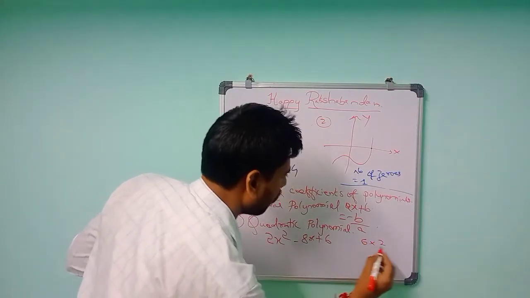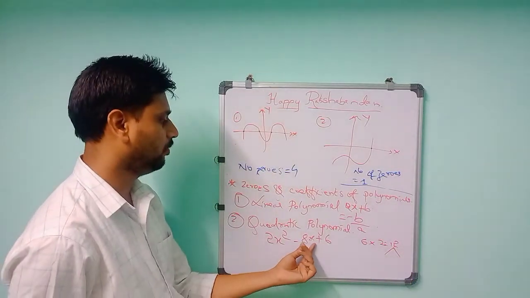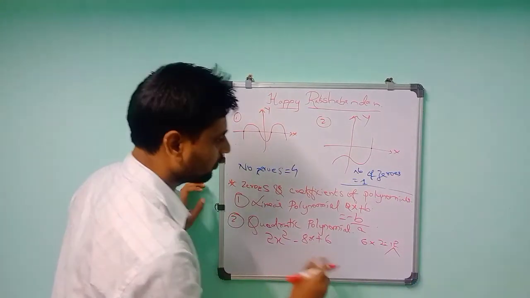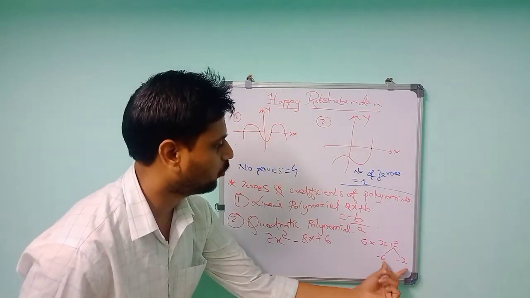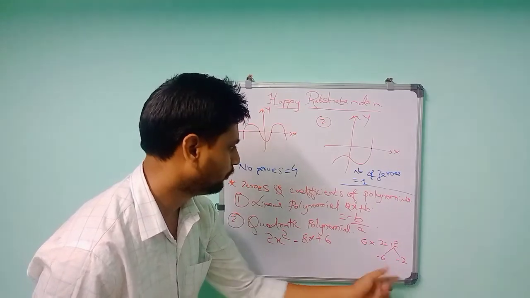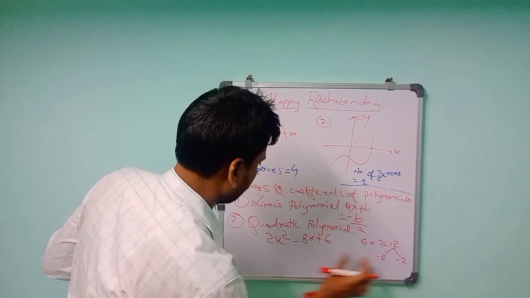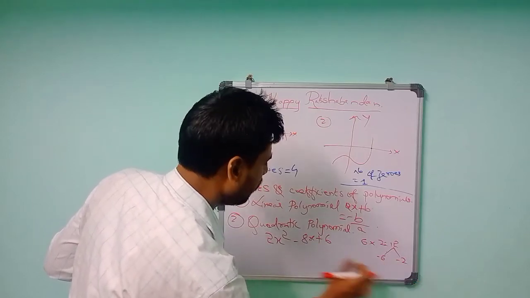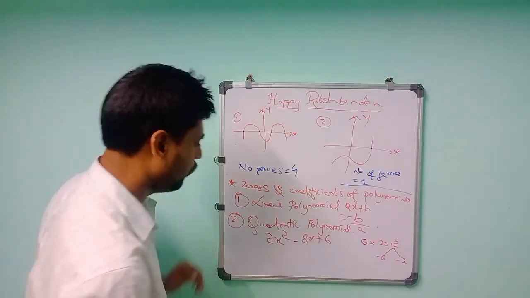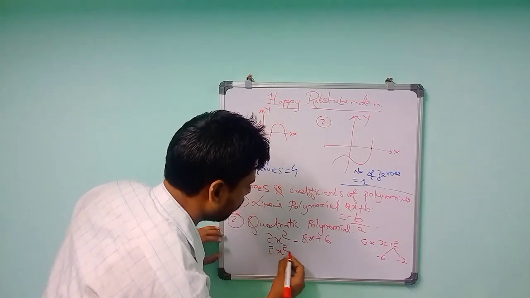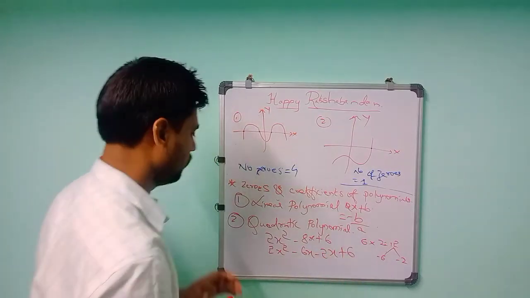So 6 into 2, 12. This 12 should satisfy the condition of the middle term 8. So minus 8 you can split as minus 6 and minus 2. The product should become 12 and the addition should become minus 8. So you can write like this: 2x square minus 6x minus 2x plus 6.